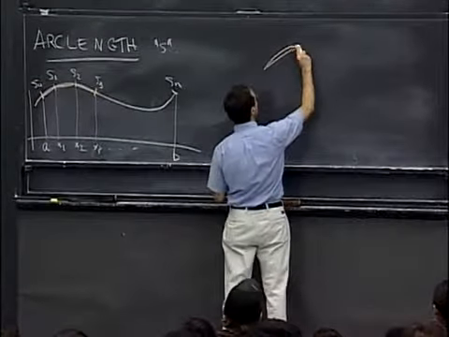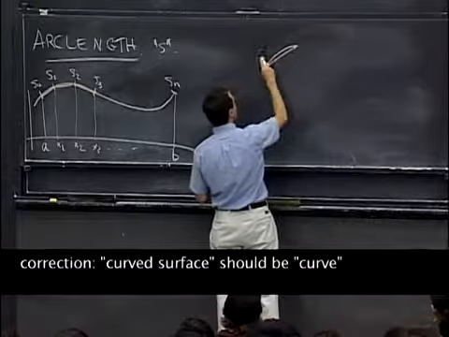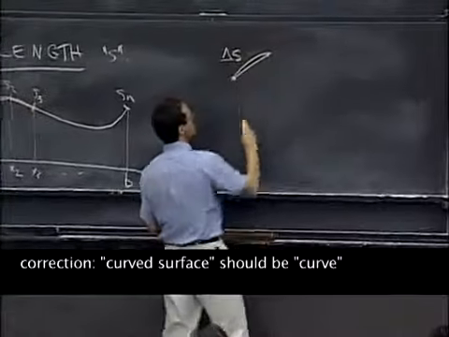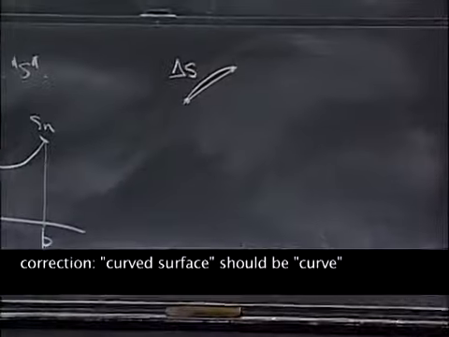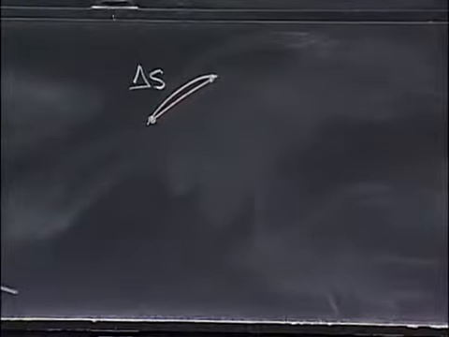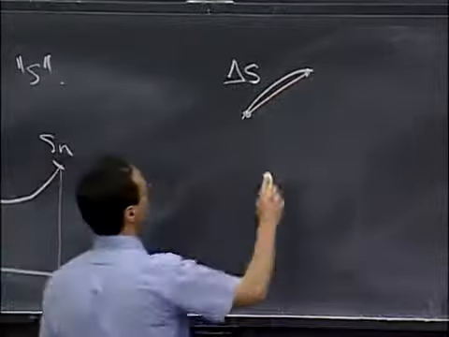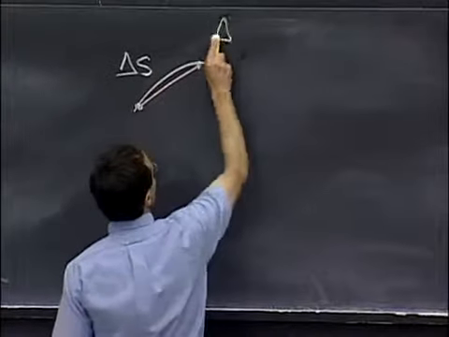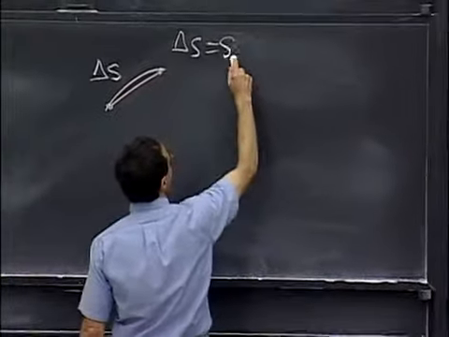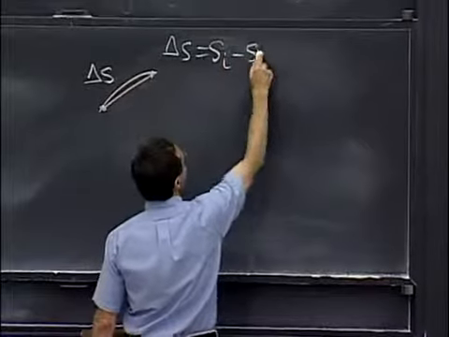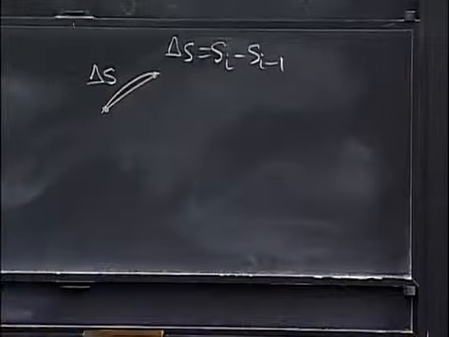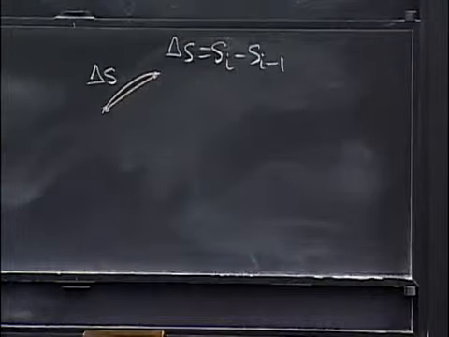So let me just depict one little chunk of this, which is like this, one straight line, and here's the curved surface there, and the distance along the curved surface is what I'm calling delta S, the change in the length, so this would be S2 minus S1 if I depicted that one. So this would be delta S is, say, S_i minus S_(i-1), some increment there.